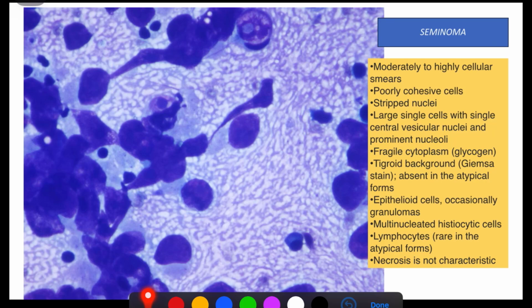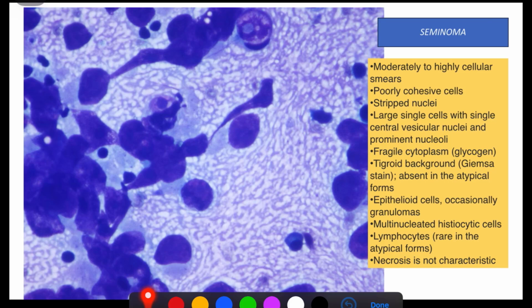So what are the characteristic features of seminoma? Moderate to highly cellular smear, poor cohesiveness, stripped nuclei without cytoplasm, large single cells with central vesicular nucleus and prominent nucleoli, tigroid background, sometimes epithelioid cells and granuloma can be seen, and multinucleated histiocytic cells with lymphocytes, rarely seen in atypical forms, and necrosis is not characteristic.